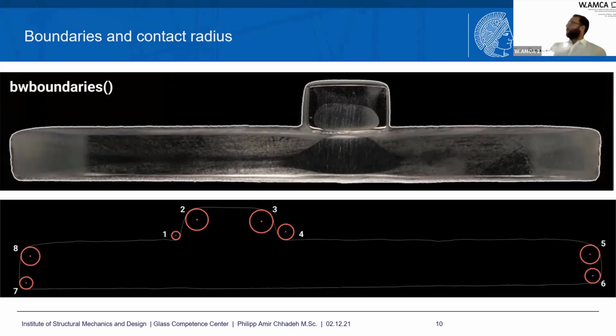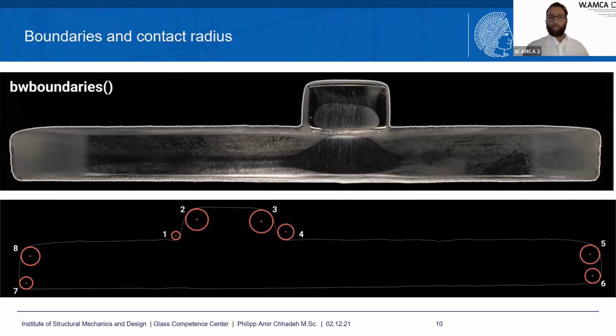And also we can just take the BW boundaries line, put it into a CAD model, and just put it into ANSYS or whichever FE program is your least favorite.